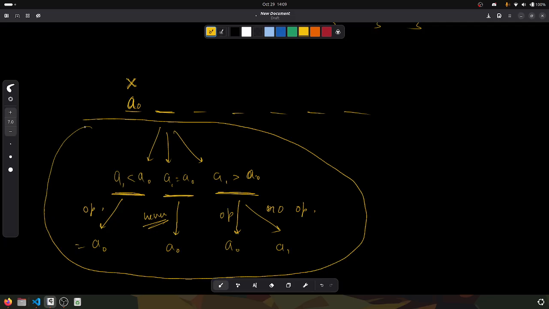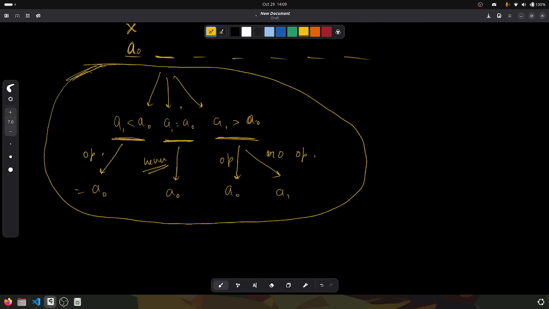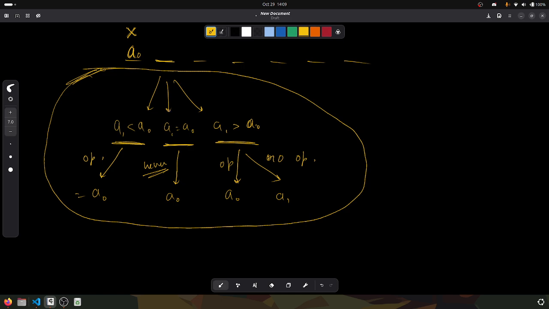So basically what we can do is, what if we had changed this element to minus infinity?